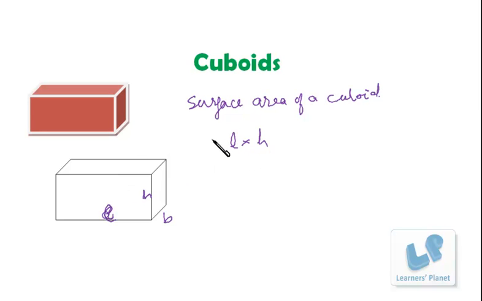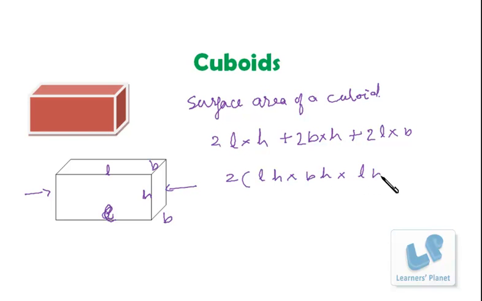So it will be further 2 times L into H. Plus, similarly, the area of this particular rectangle will be B into H, and this face and the face opposite to it, so it will also be 2 into B into H. Similarly, the third one has length L and breadth B, so the area of this face will be L into B, and we have 2 rectangles like this, so it will be 2 times L into B. So in all, the surface area of a cuboid will be 2 times (LH plus BH plus LB).